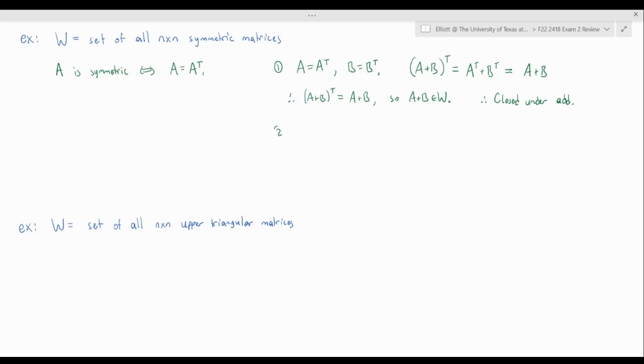And then similarly, if you wanted to check the closure under scalar multiplication, again, assuming that you have a symmetric matrix A, what we can do is multiply it by an arbitrary scalar. So again, here I'll use C for the scalar.